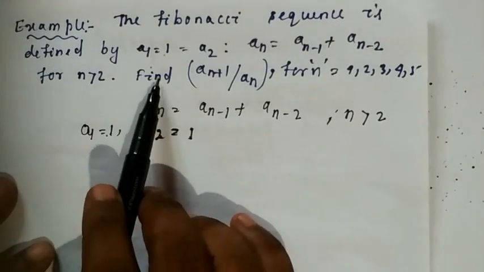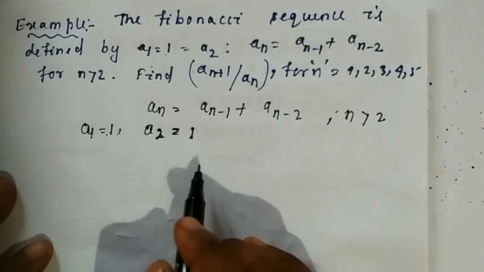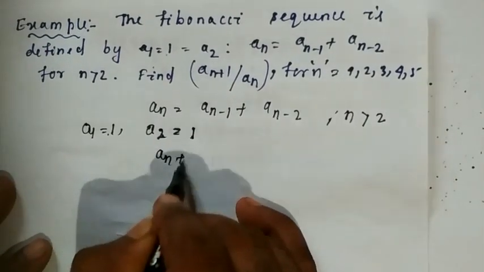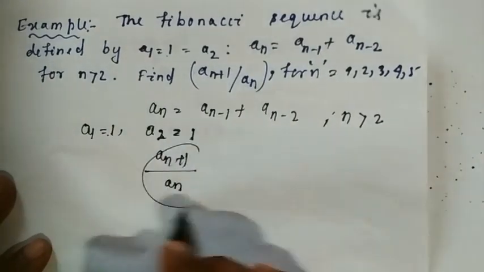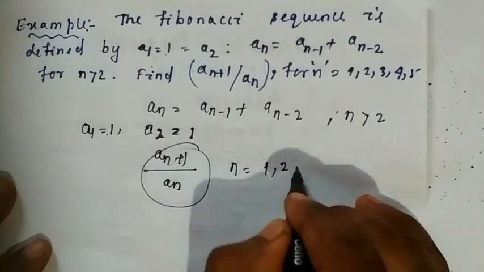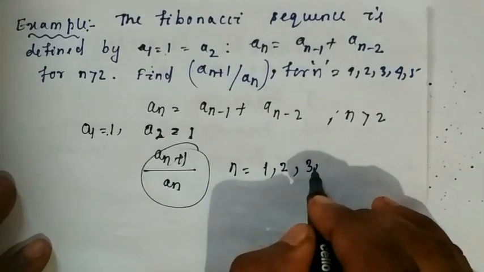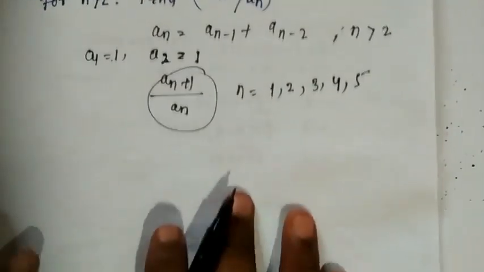But what is required to find here? Given that an plus 1 upon an you have to find. What is your condition on n? n value can be 1, n value can be 2, n value can be 3, n value can be 4, n value can be 5.